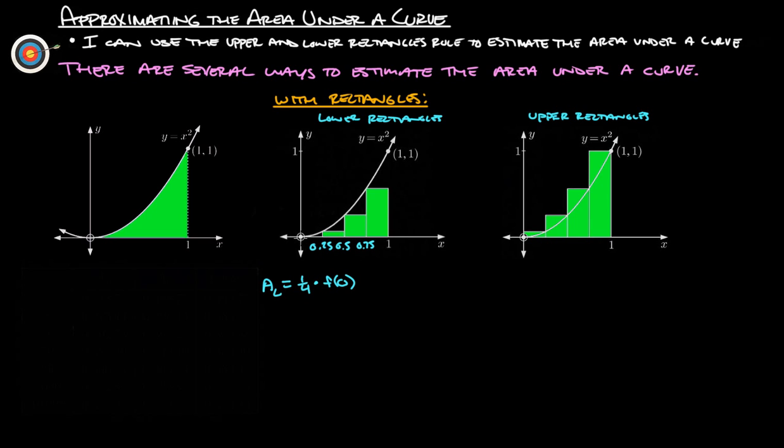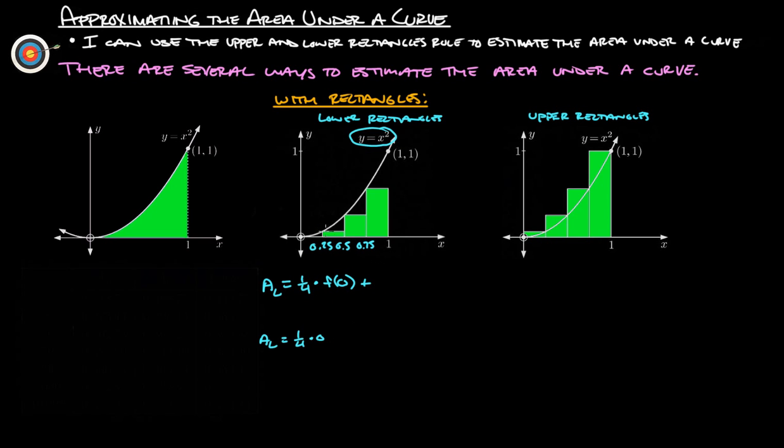This is going to be the height, because it's the lowest section. Plugging 0 into our function, y equals x squared, 0 squared is 0, so this is 1/4 times 0, which gives us 0, which makes sense because there's no actual rectangle there.